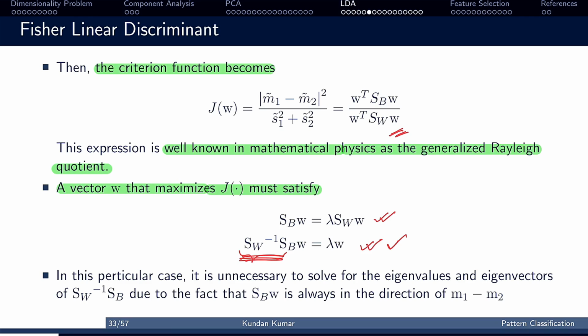But in this particular case, we need not solve this eigenvalue problem, because SB W is always in the direction of M1 minus M2.